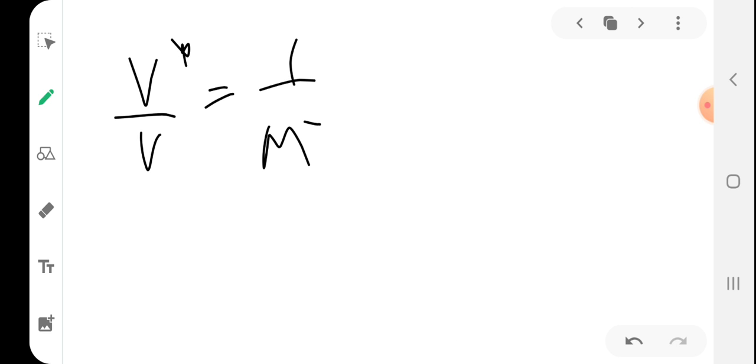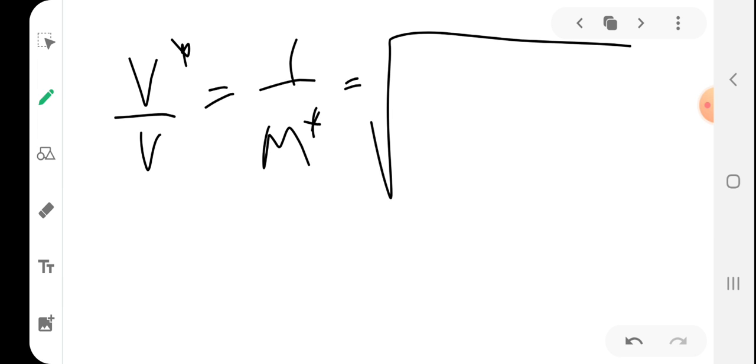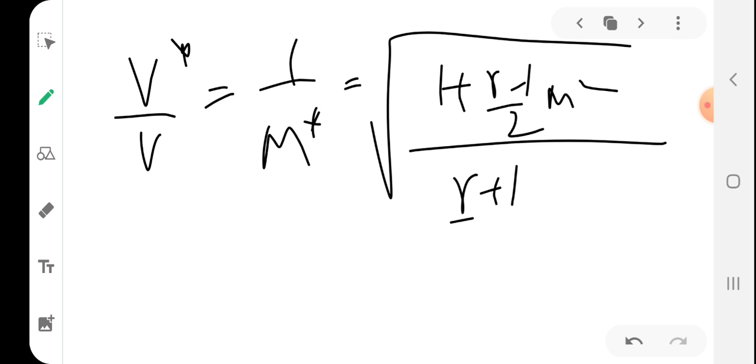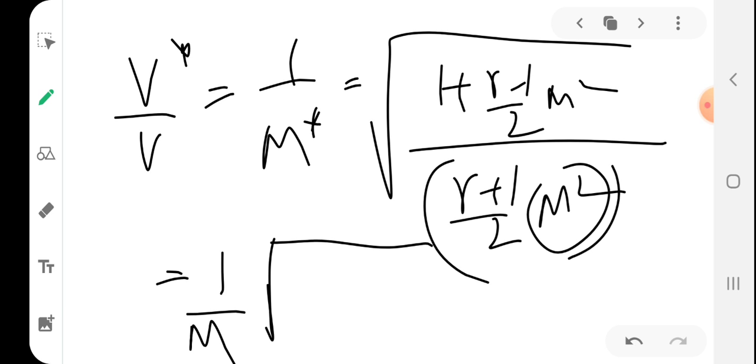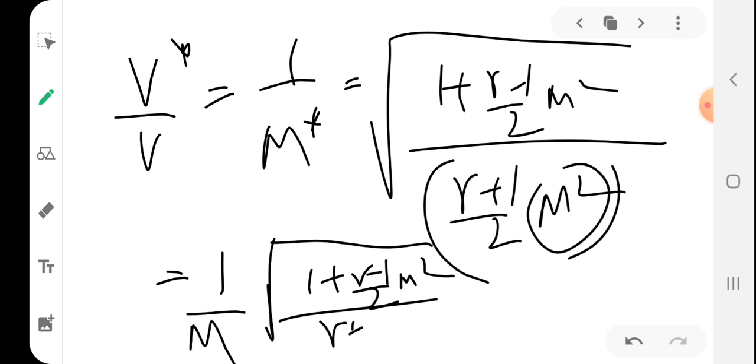Now here we require V star by V. So V star by V is 1 by Mach star. So it will be like 1 plus gamma minus 1 by 2 Mach square by gamma plus 1 by 2 Mach square. If you take the Mach out of the root, it will be 1 by M into root of 1 plus gamma minus 1 by 2 Mach square by gamma plus 1 by 2. So you divide by gamma plus 1 by 2 for both these terms.